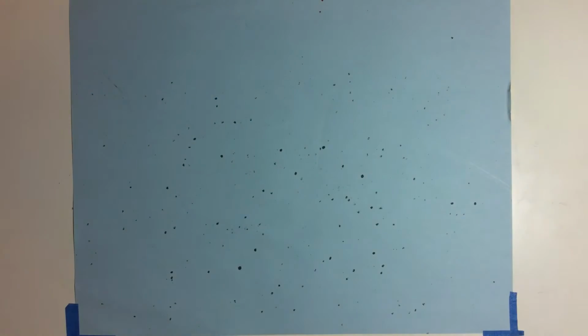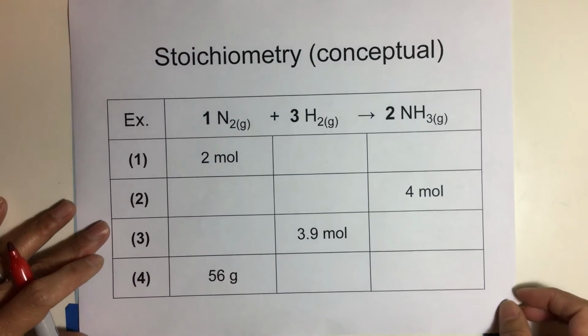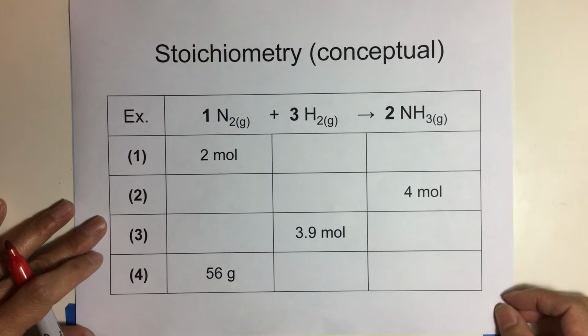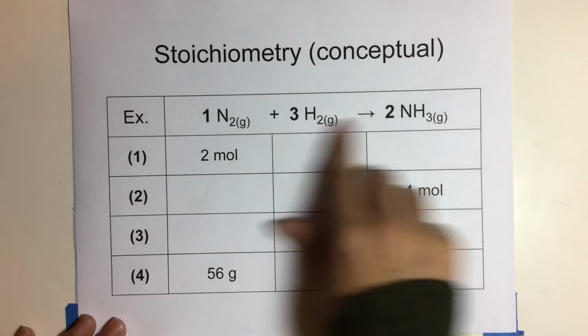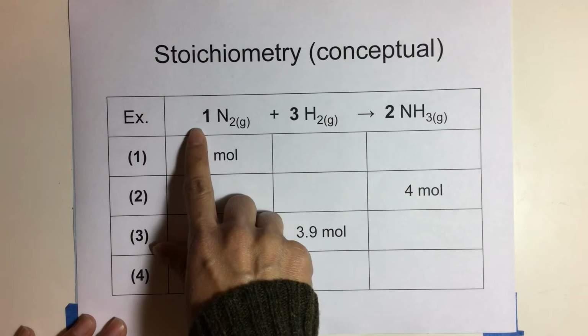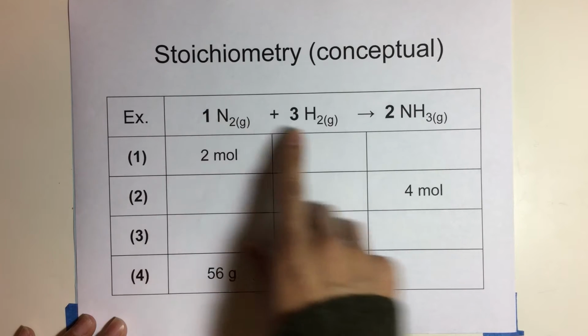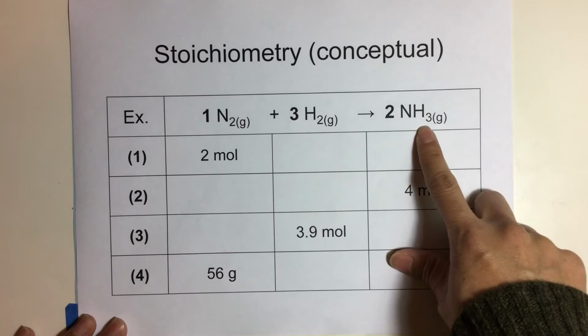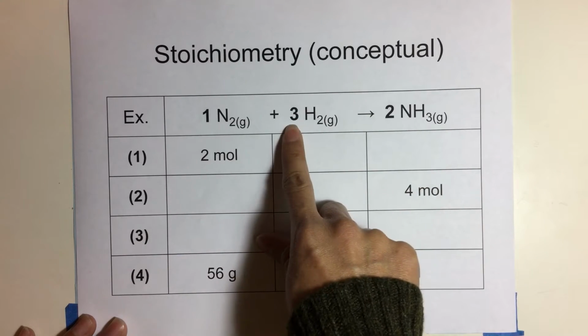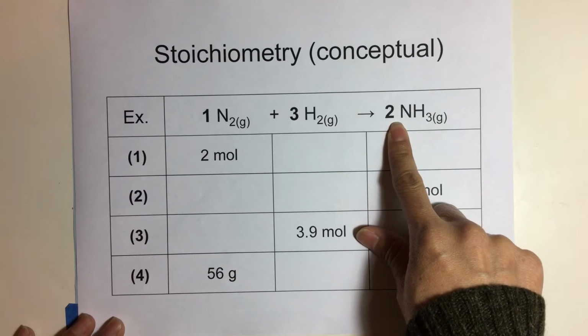So let's bring it to a conceptual understanding of what stoichiometry is in chemistry. If you have a reaction like this, the mole ratio between the nitrogen gas to hydrogen gas to ammonia is a 1 to 3 to 2 mole ratio.